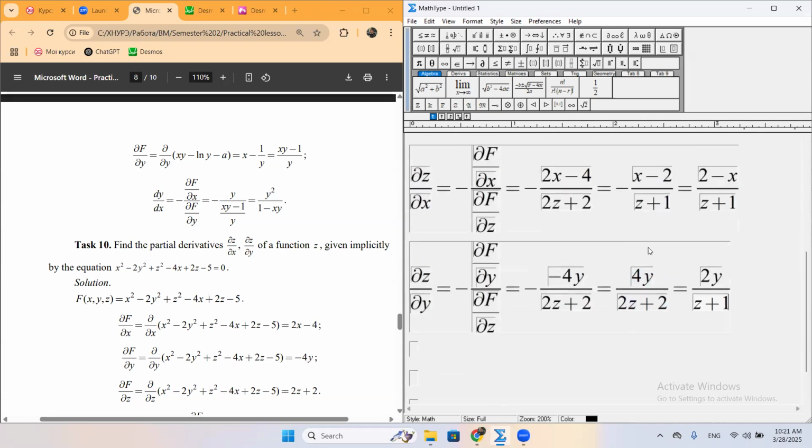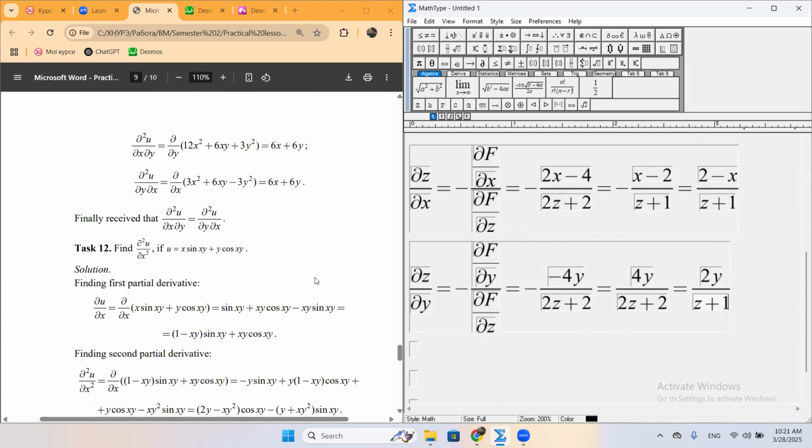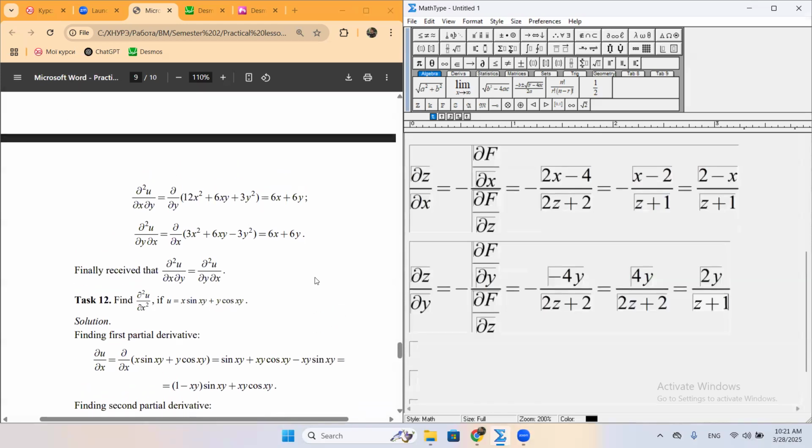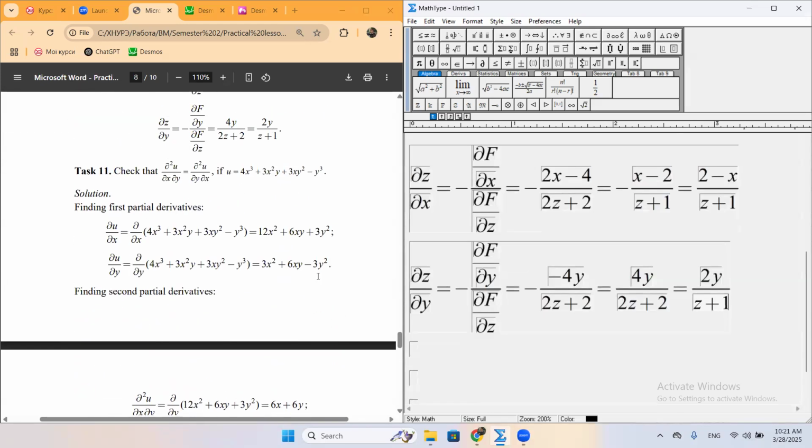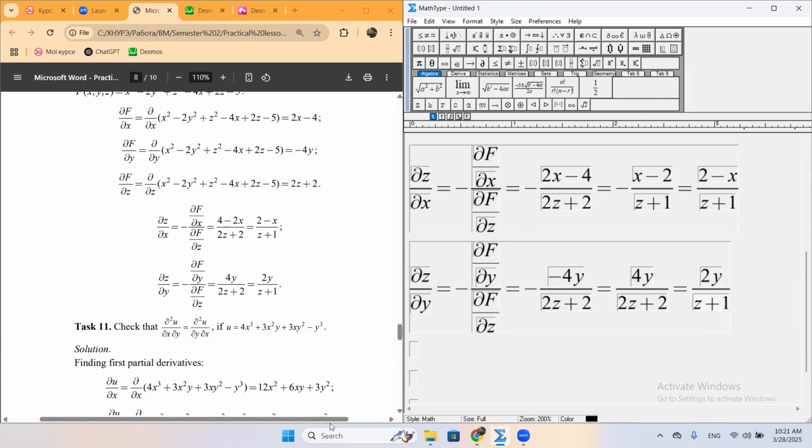And that's it. So we found the partial derivatives of the implicitly given function. Any questions about this exercise? No. Okay, if no questions, let's have a break for 5 minutes and then we will continue finding derivatives of the higher order.